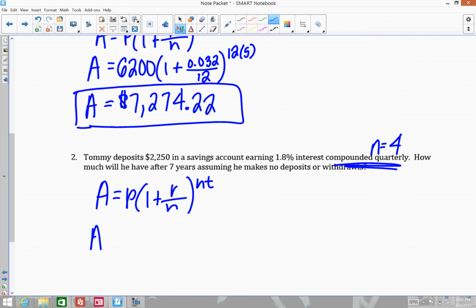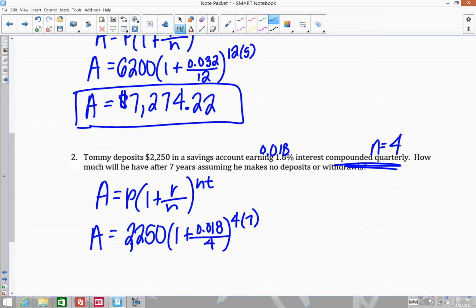So we put our principal in, the original amount. Our rate is going to be 0.018. Move the decimal 2 places to the left. N is going to be 4. It's compounded 4 times a year. And then T is 7.